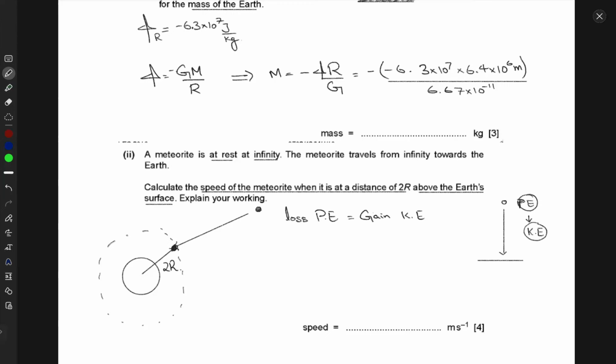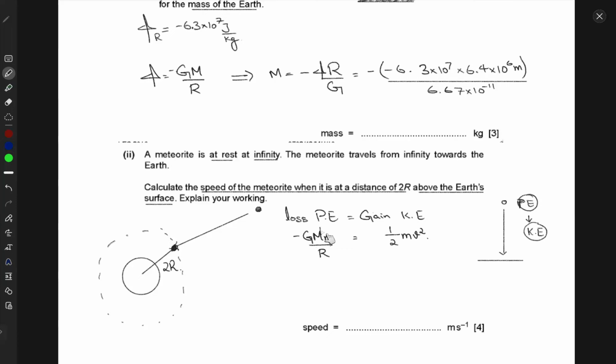We can do this by having half mv squared, that's the kinetic energy, and the potential energy is really, remember, the potential times the mass. Or you can write it as minus GMm by r.